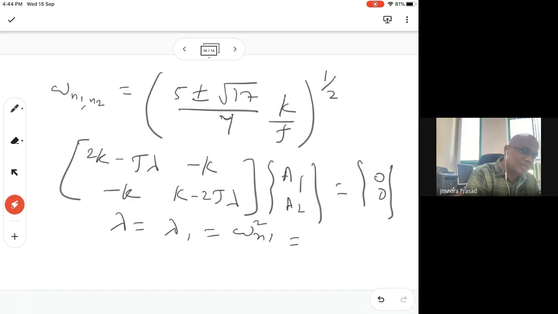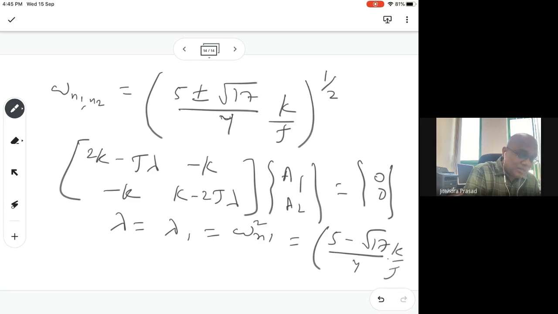So let's say the first mode we are referring to has the lower frequency. In that case, lambda 1 will be omega n1 square, which will be equal to 5 minus root 17 over 4 multiplied by k over j, not to the power, because we are squaring it.